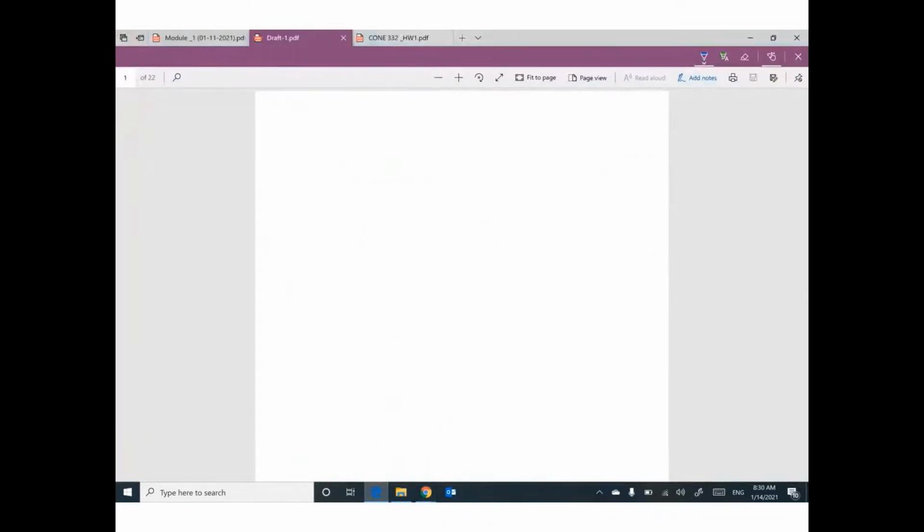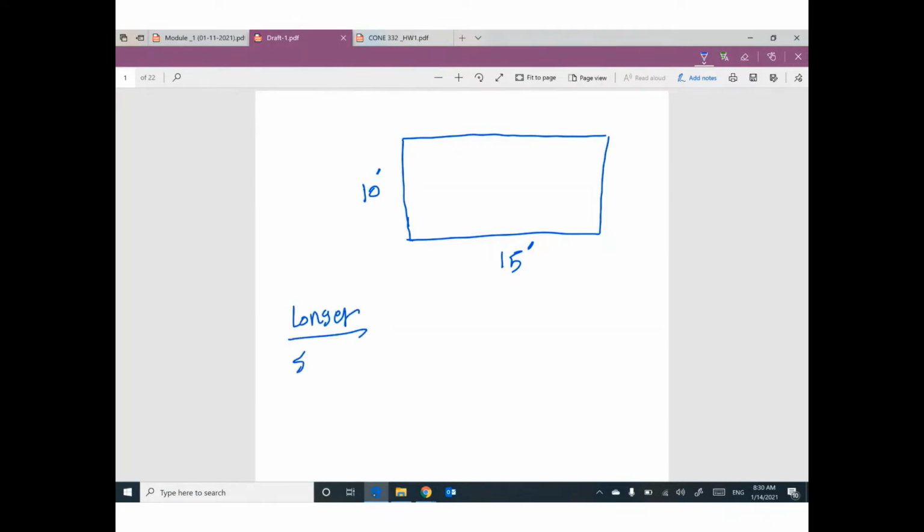Okay, one more time. So guys, we have a rectangle like this. This direction is 10 feet and this direction is 15 feet. So if you divide longer by shorter direction, we have 15 divided by 10, your answer will be 1.5.